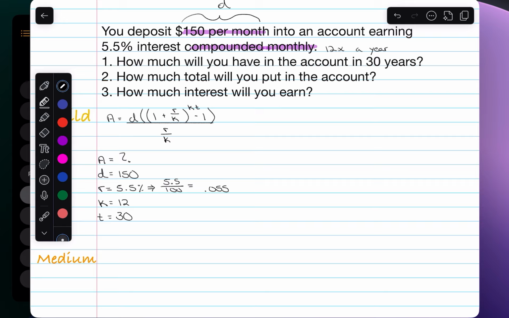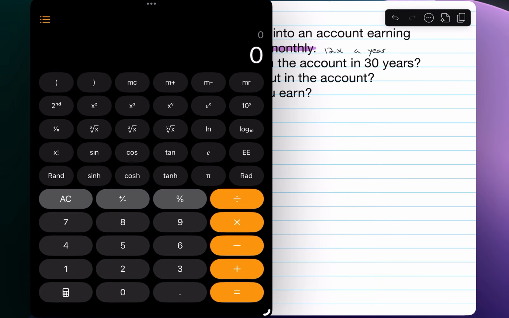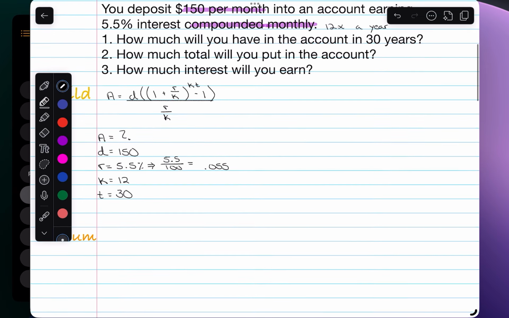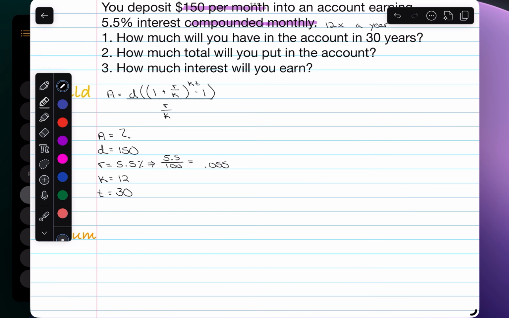I labeled this as medium just because it can be difficult to plug this in the calculator, but I have my calculator right here and I'm going to show you how to do that. So when I plug this in, I'm going to get A, because that's what I'm solving for. Monthly deposit, that's 150.